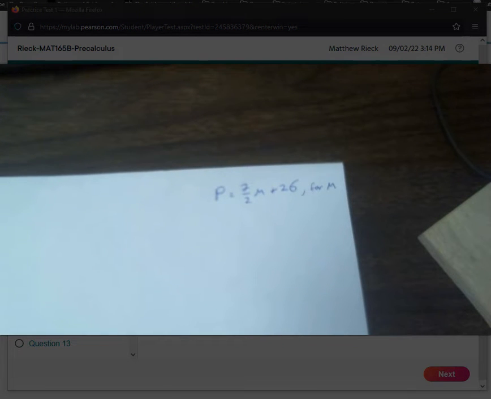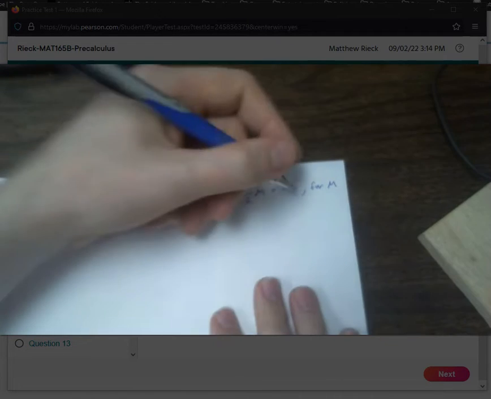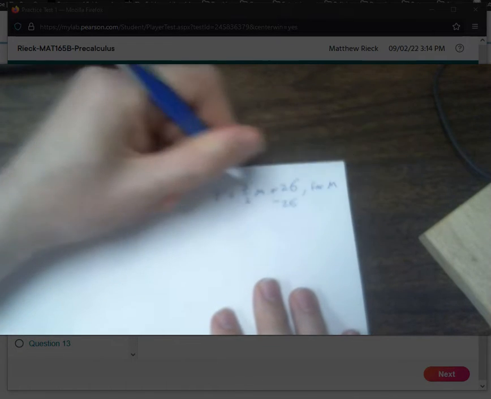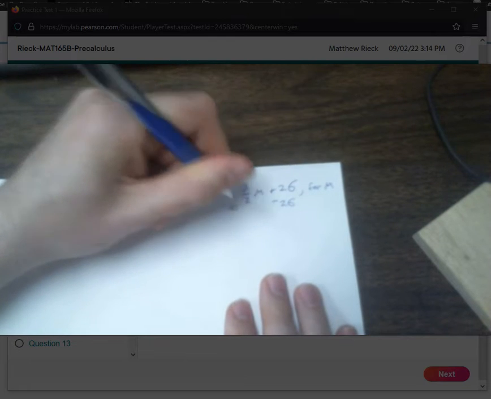Just like before, the main thing we want to do is get everything involving the variable that we want to solve for on one side and everything that doesn't involve the variable on the other side. To do that, I can subtract the 26 from each side. Again, the same rules apply.